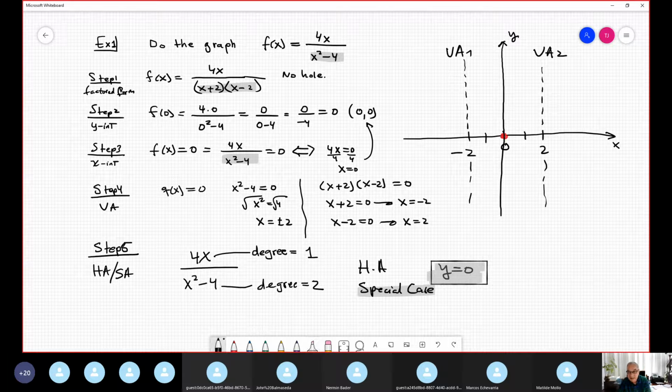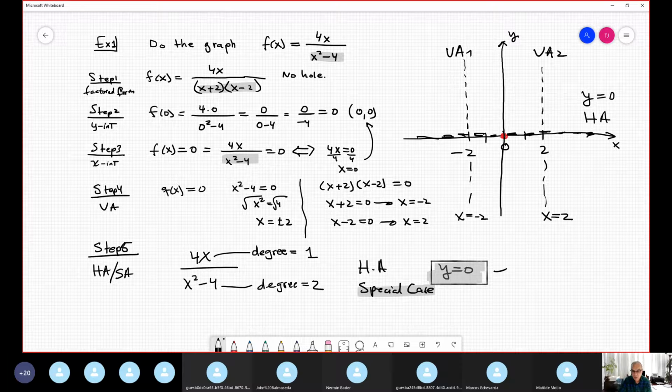The equation for this line is x equals minus 2. And the equation y equals 0 is coincident with the x-axis. This is a horizontal asymptote at y equals 0, coincident with the x-axis.